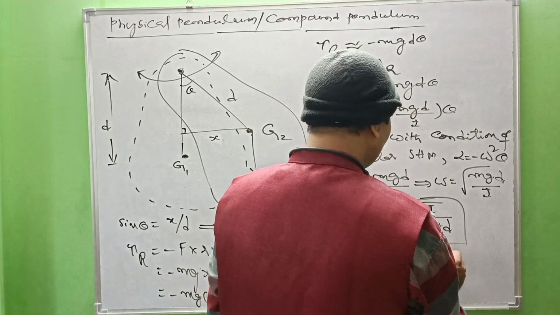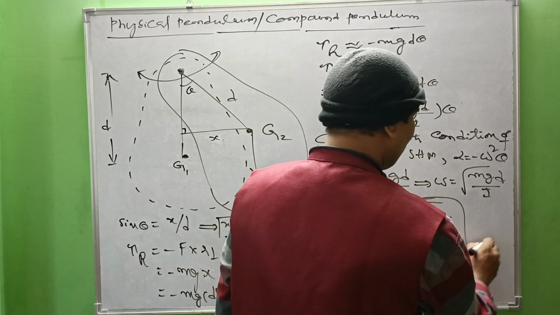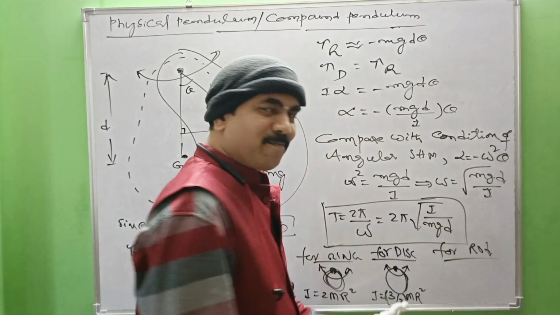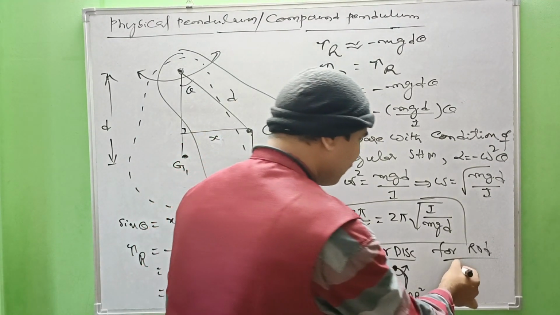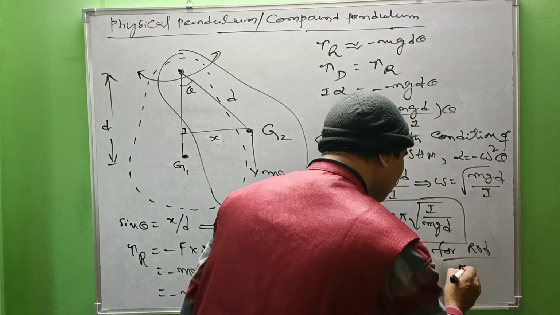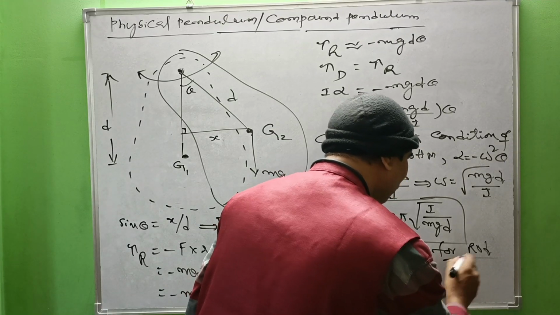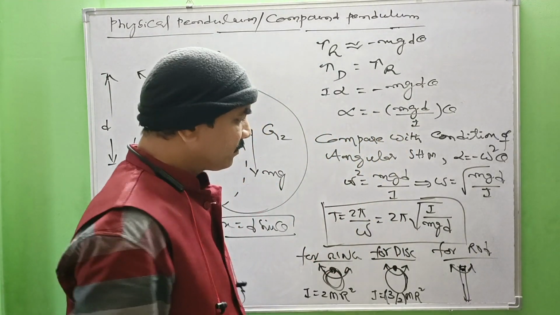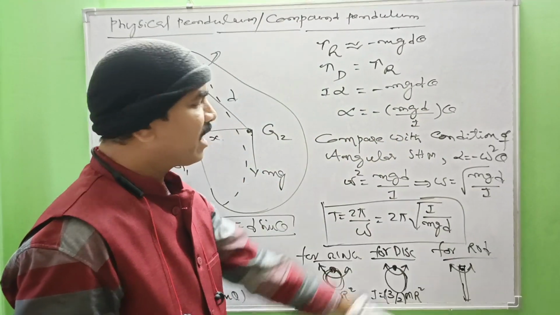In case of a rod, suppose a thin rod of mass m and length L is hinged at one end like this. This is the hinged point. Now it is going to oscillate about a normal axis passing through the hinged point. What is the expression for moment of inertia?